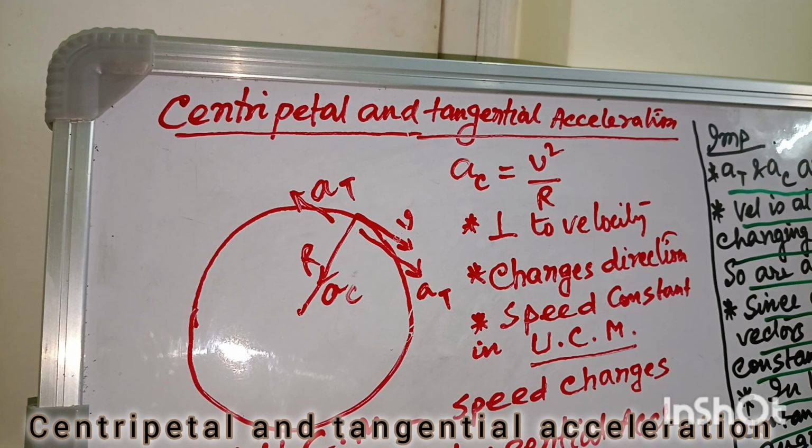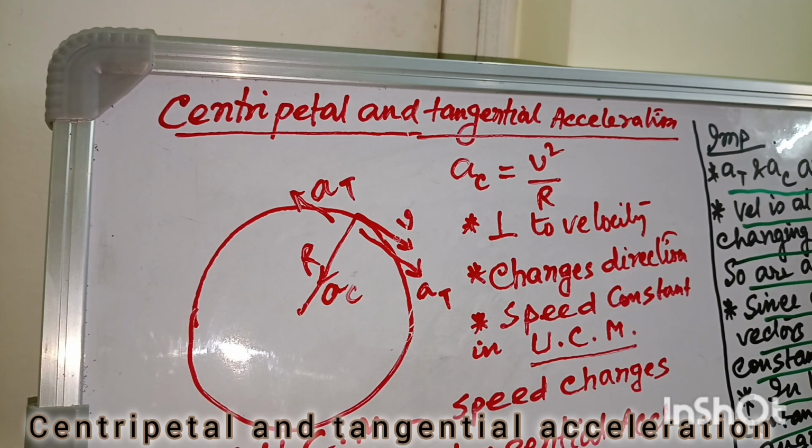Now velocity is a vector, acceleration is also a vector. Now acceleration affects the velocity. Velocity has two elements, one is magnitude, one is its direction. So if the acceleration is resolved in the direction of velocity and perpendicular to it, then we get two components.